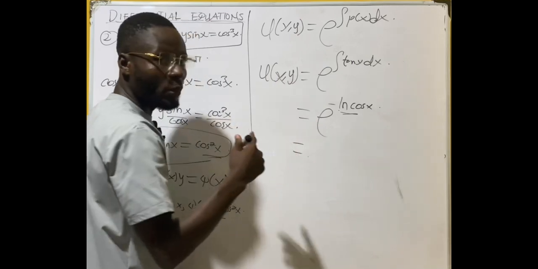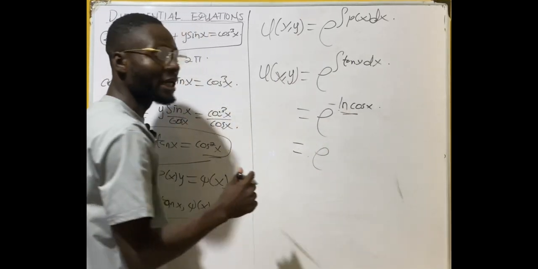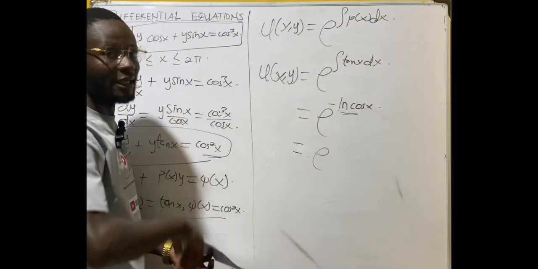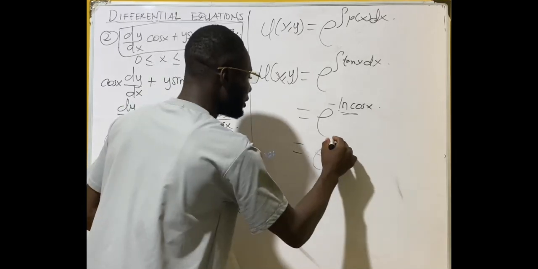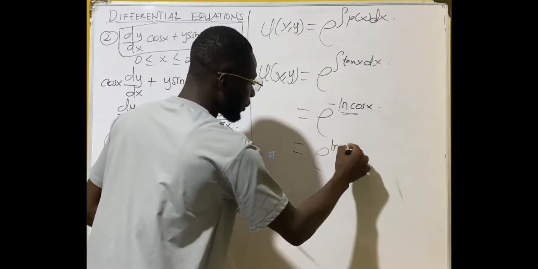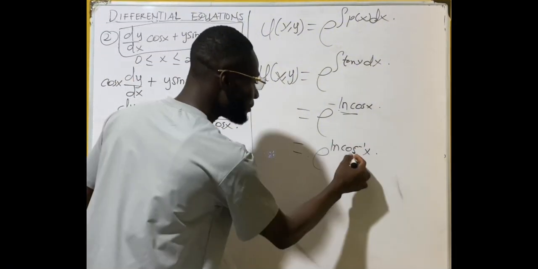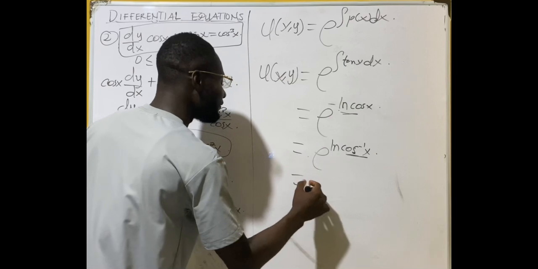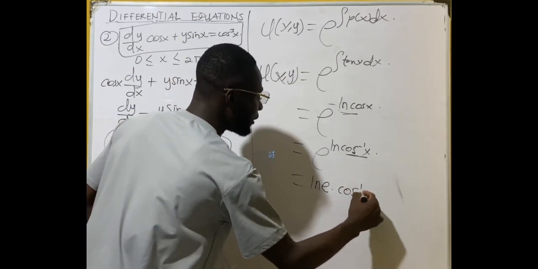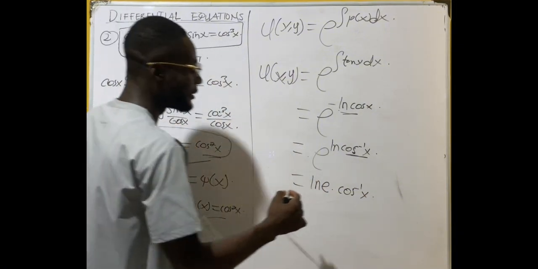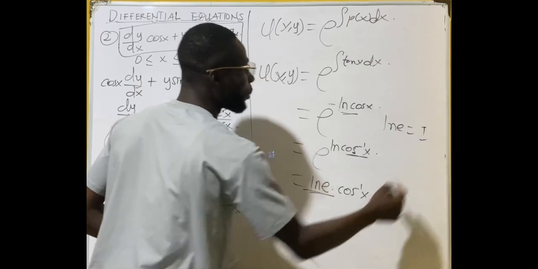And don't forget that one of the log properties says that if you have any function multiplying a log function, you can send it to the exponent, right? So we're going to have e to the ln of cos x to the power negative 1, right? So this is basically telling us that we have ln e times cos inverse x, and we know that ln e is equal to 1, right?